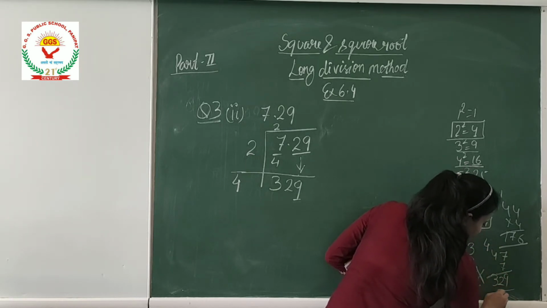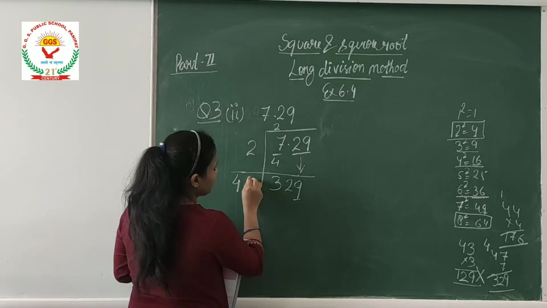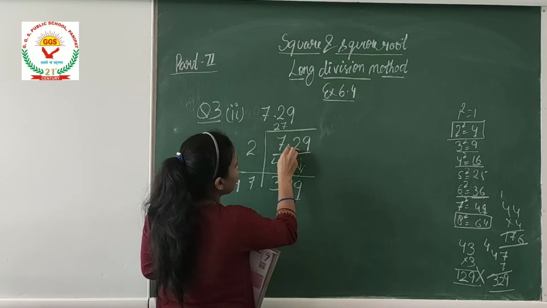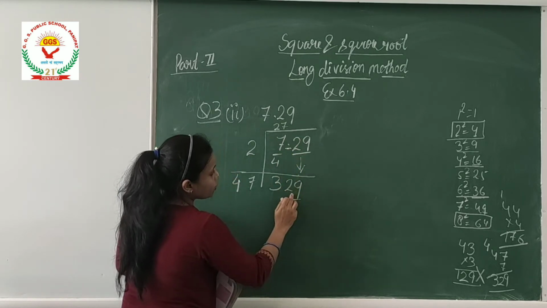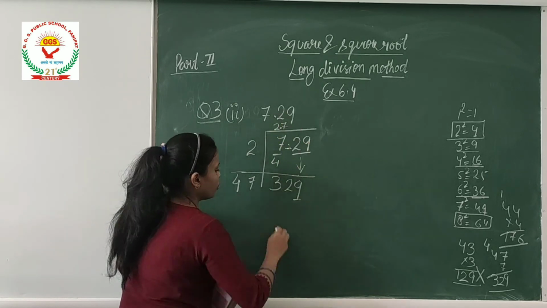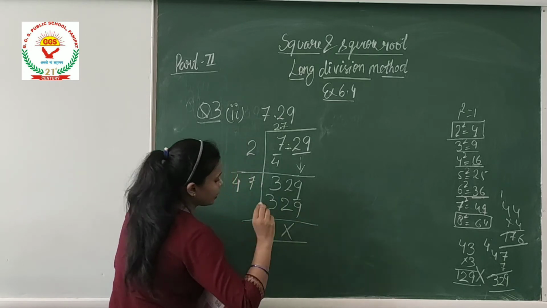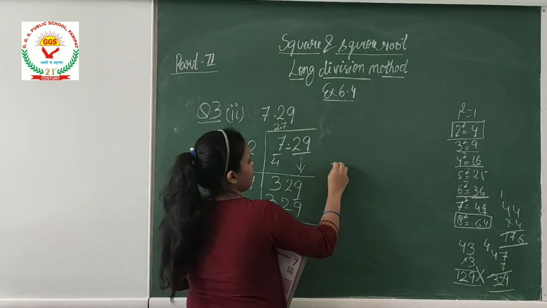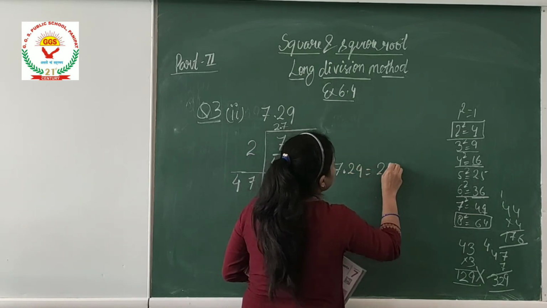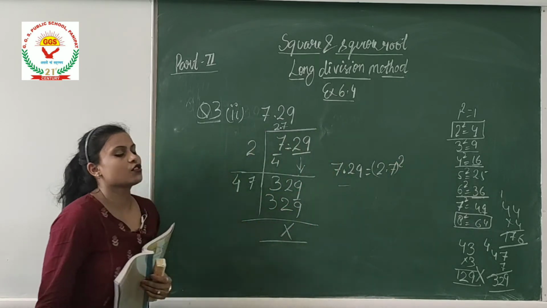So we get the answer, that is 329. Here we will write 7 and 7. But we have taken the point before the 29 carried forward, so we will write the point here also. We get our answer: 7.29 is the square of 2.7.